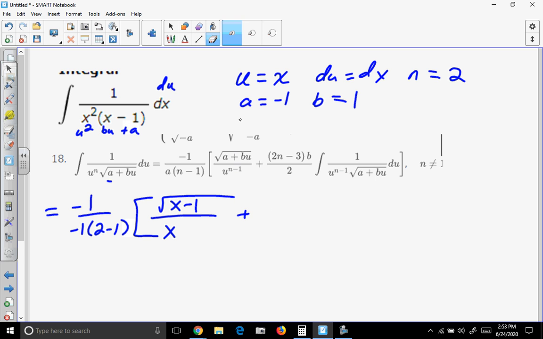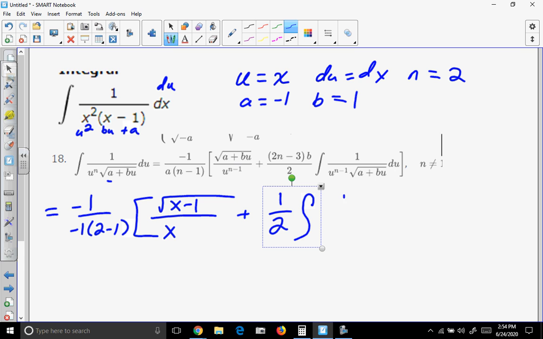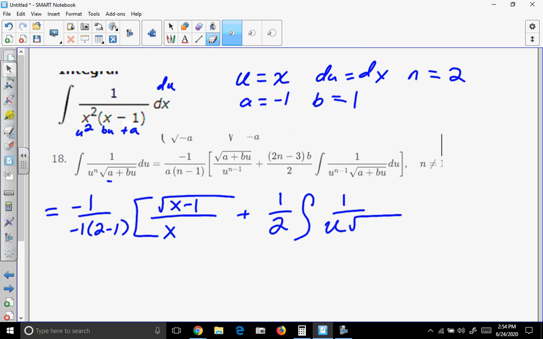let's go ahead and multiply that out. 2 times n, so 4 minus 3, so 1 b. B is 1 over 2 times the integral of 1 over u to the n, so 2 minus 1, square root of, and let's be careful here.